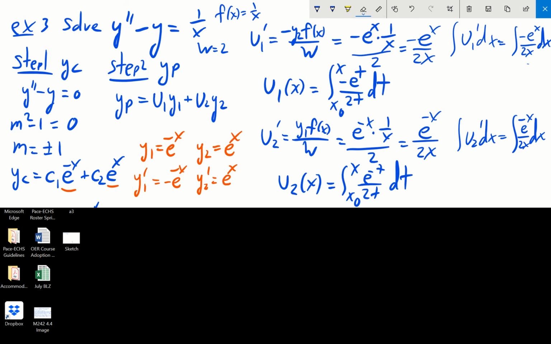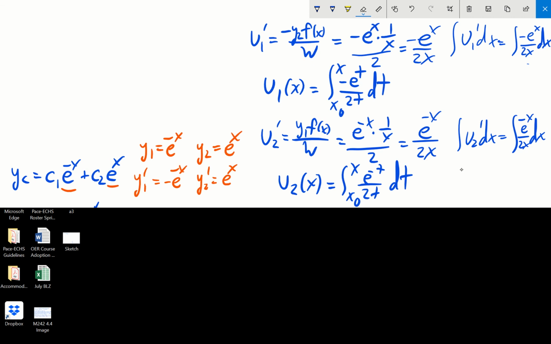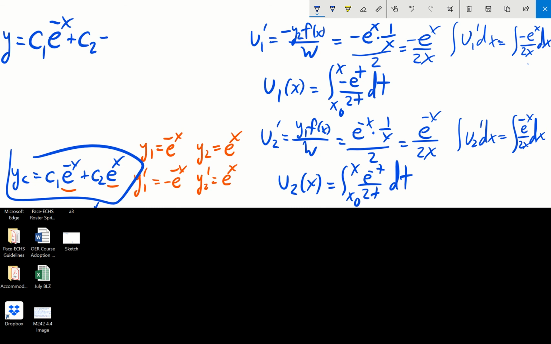And we can write out our final solution now. Again, a portion of it will be represented in integral notation. But here's what we get. Our general solution is going to be the complementary solution, which we had down here, that's c1 e to the negative x plus c2 e to the x, plus now it's going to be y1 times u1, which is this thing right here.